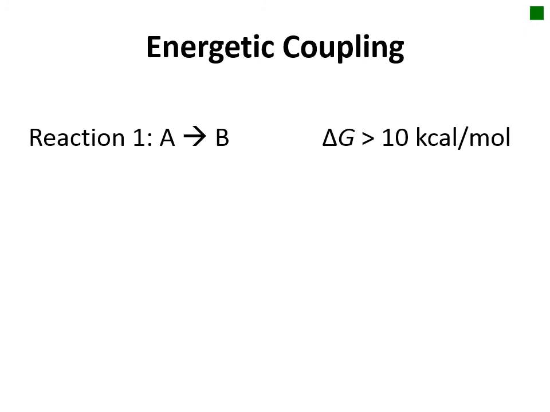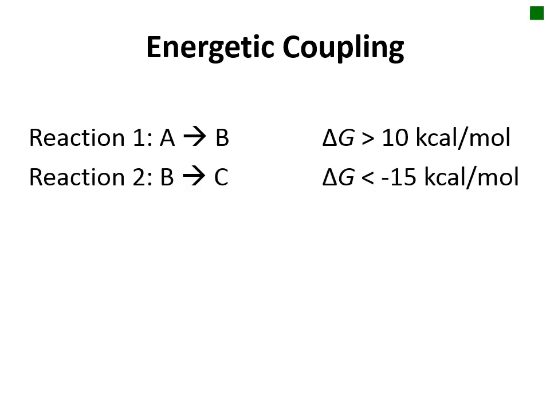This energy will often come from a second spontaneous chemical reaction in a process called energetic coupling. So if we have a second chemical reaction where molecule B is converted to C, producing 15 kilocalories of energy, then this released energy can be used to power the first reaction.